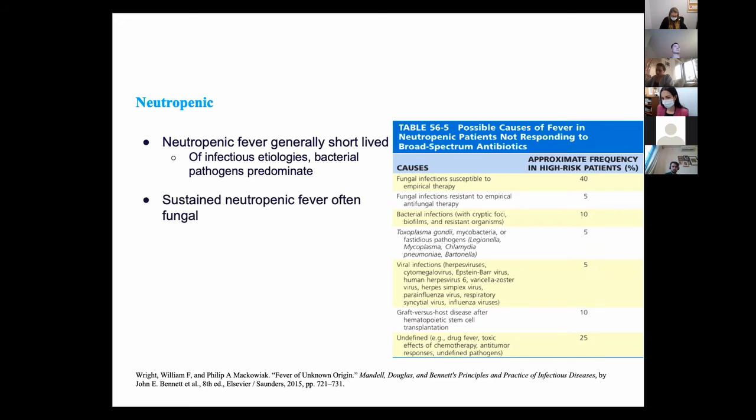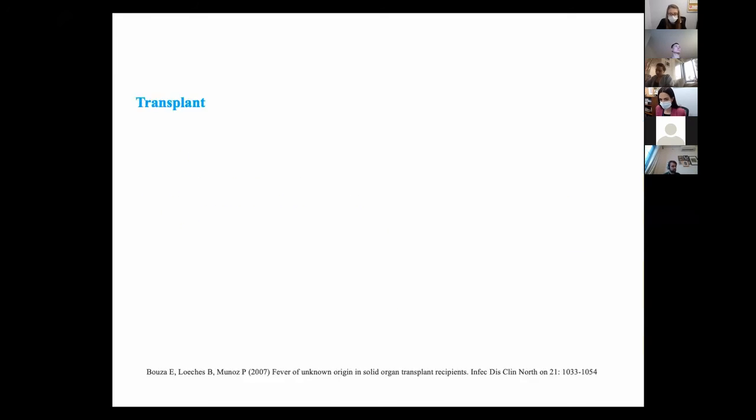Parasitic and viral infections are not too common in the neutropenic patient, making up about 5% each. And then a lot of times you have undefined fever, drug fever, or toxic effects of chemotherapy. And those are diagnoses of exclusion.